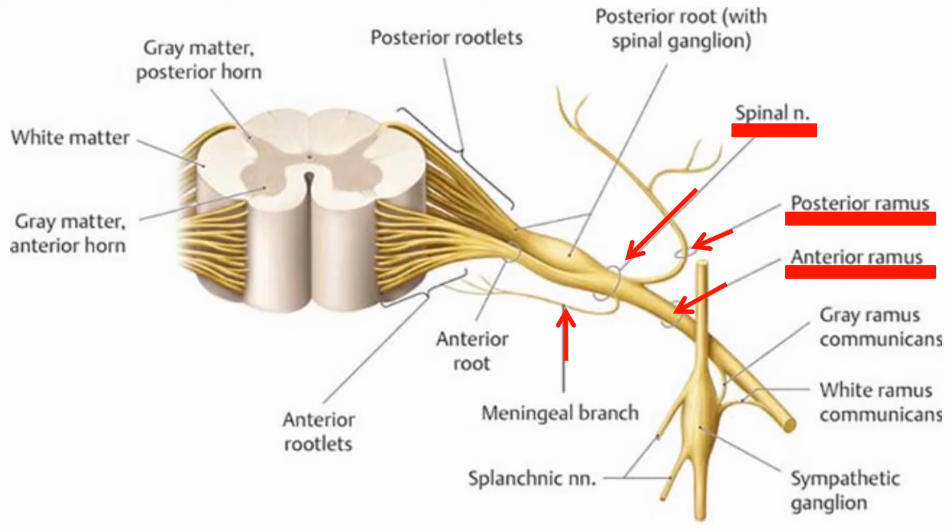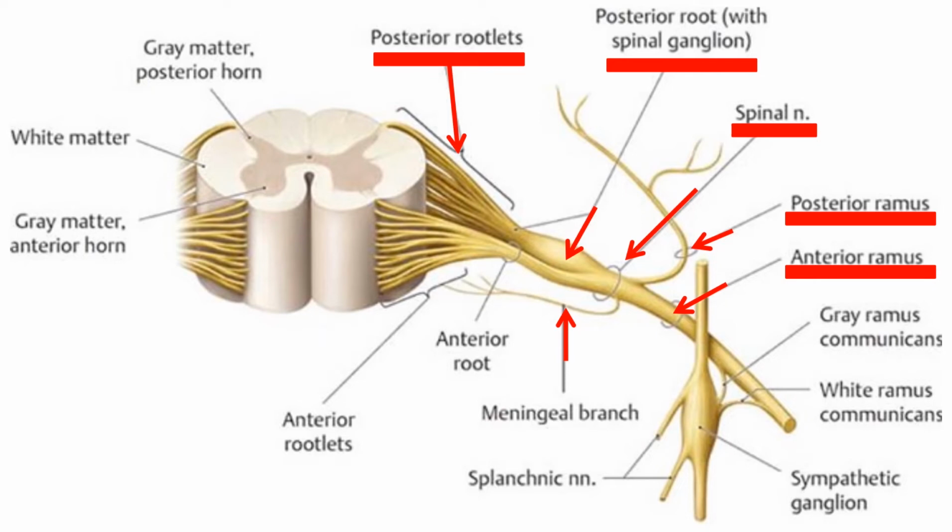The other branch is the meningeal branch, which goes out of the spinal nerve and gets again back to the vertebral canal to supply the meninges of the spinal cord. Now, this story on the dorsal part or the posterior part will be completed by the posterior root ganglion.